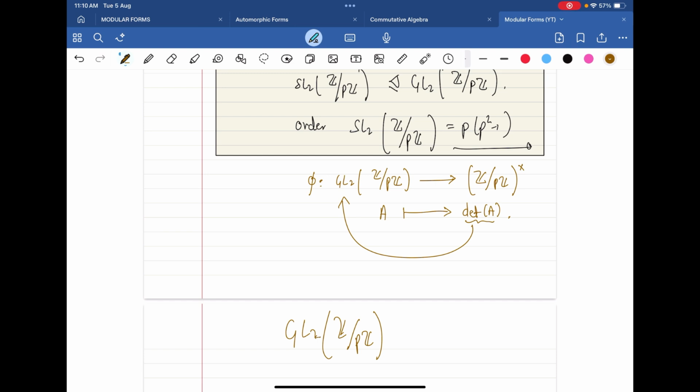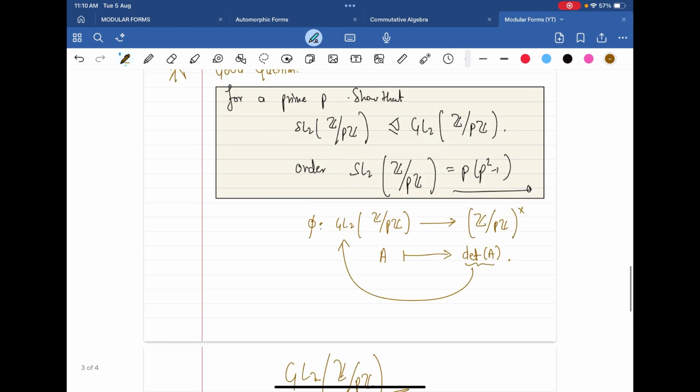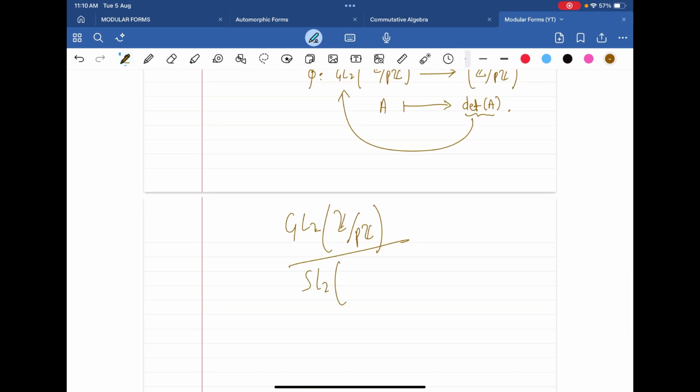So the kernel of this group homomorphism is actually this only, SL2 Z mod PZ, and it's isomorphic to Z mod PZ, a multiplicative group.